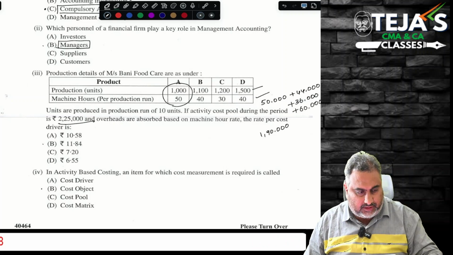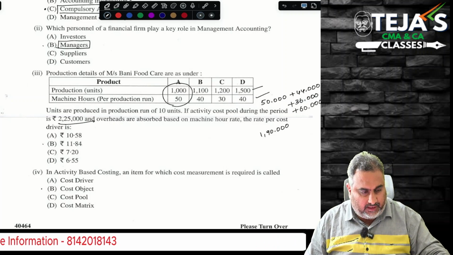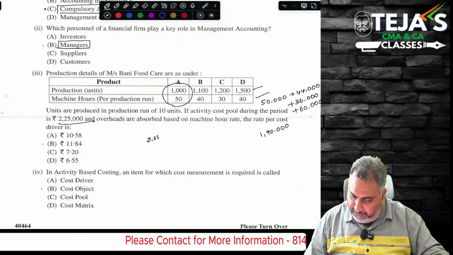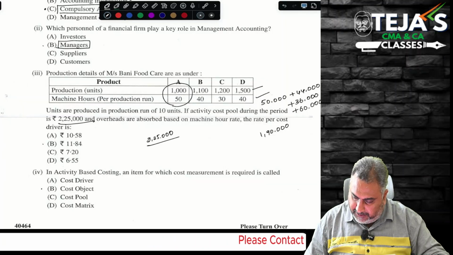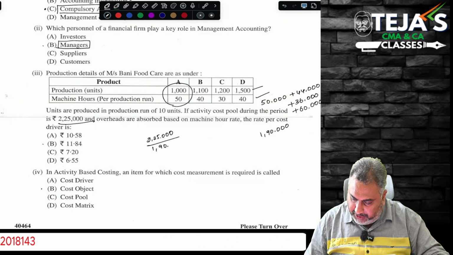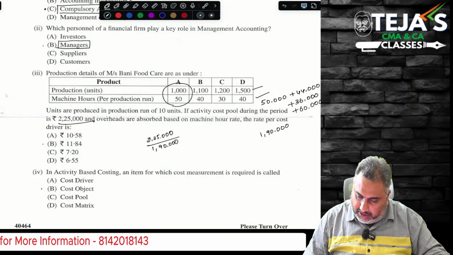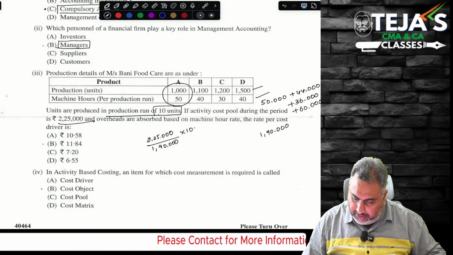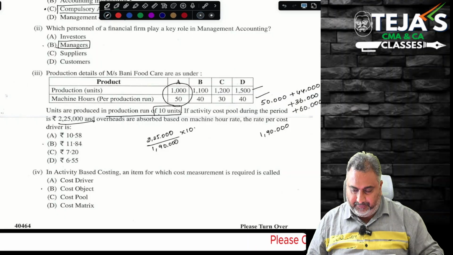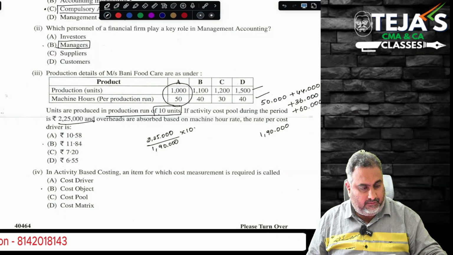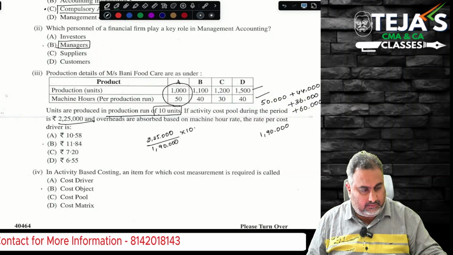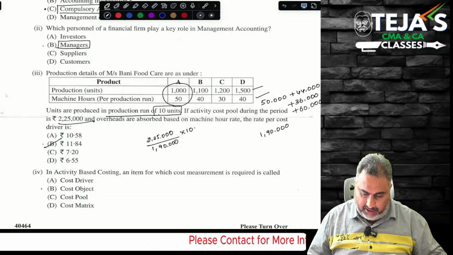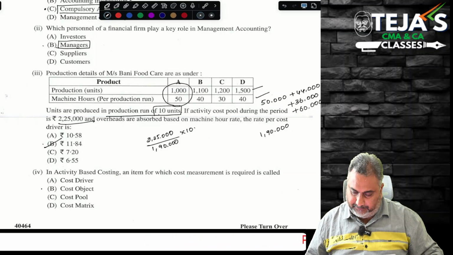Our overhead cost is 2,25,000, so 2,25,000 divided by 1,90,000, and each production run consists of 10 units, so divided by 1,90,000 into 10, then we are getting 11.84. That is our option.